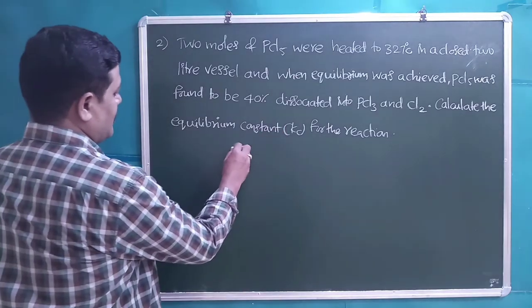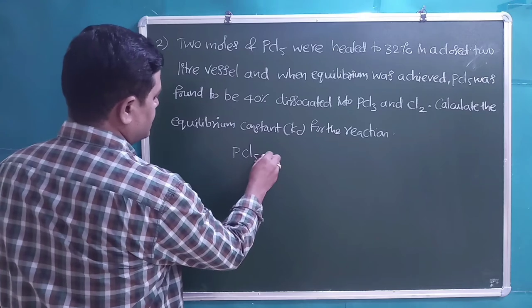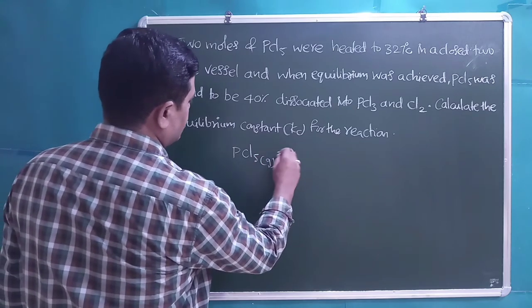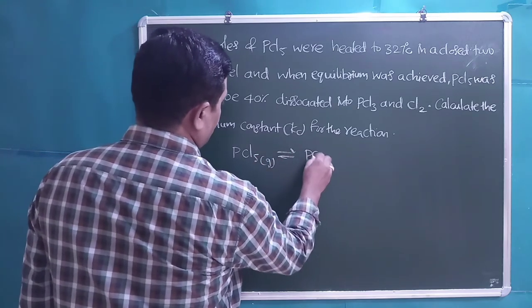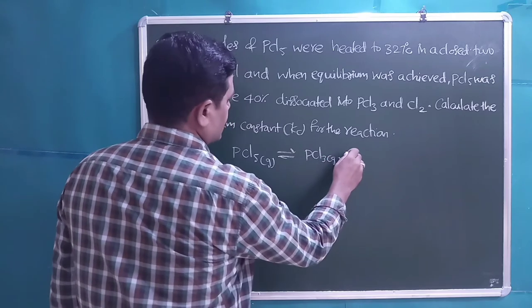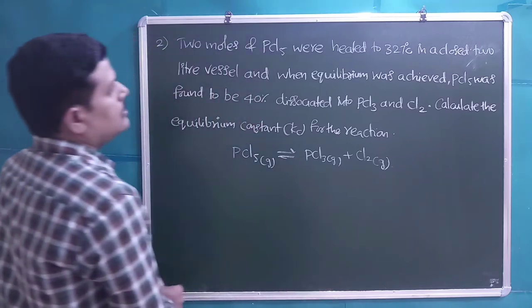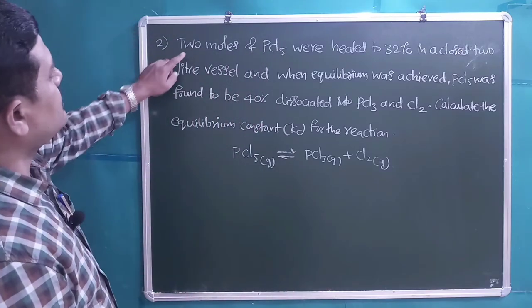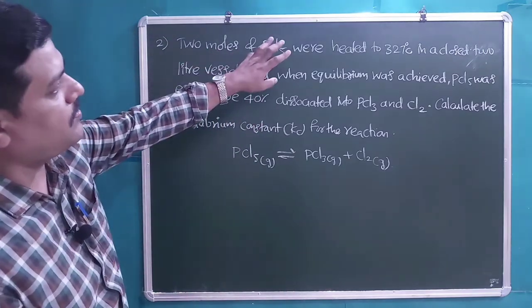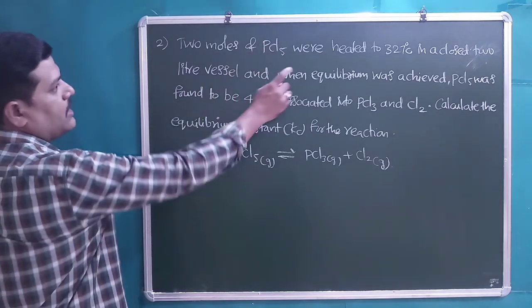First let us write the balanced equation. PCl5 gas gives rise to PCl3 gas plus Cl2 gas. Students, it is given that 2 moles of PCl5 were heated to 327 degrees Celsius.